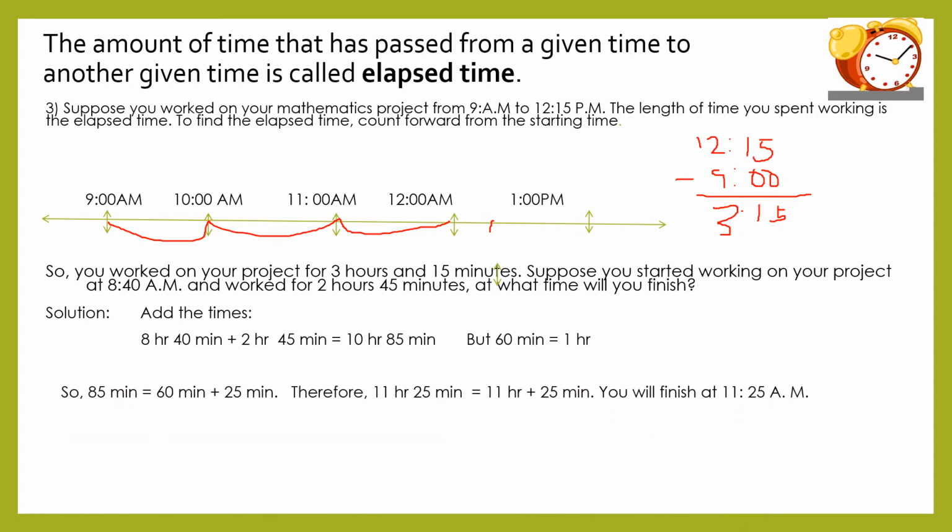You may know that 60 minutes equals 1 hour. Therefore, the 85 minutes is equivalent to 60 minutes plus 25 minutes. So, add here: 10 plus 1 equals 11. That means 11 hours and 25 minutes. So, you finish at 11:25 a.m. in the morning. So, we call that elapsed time.